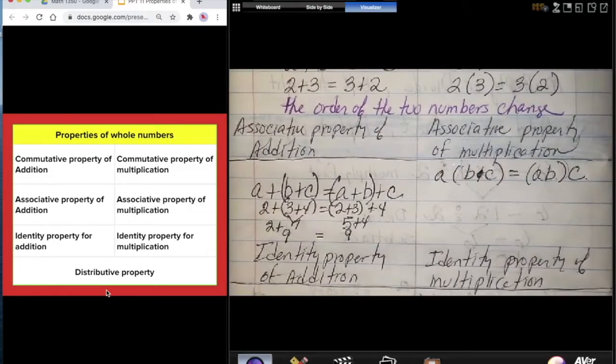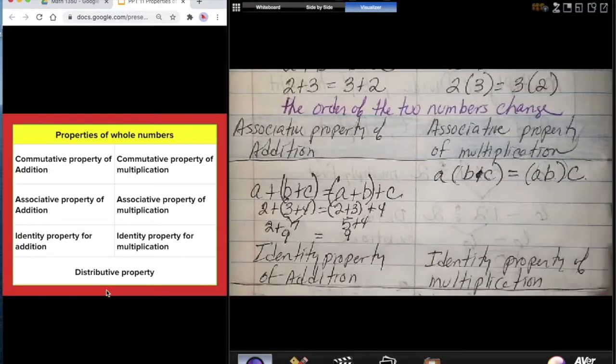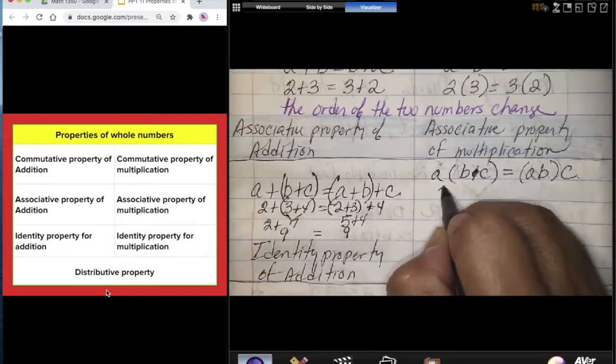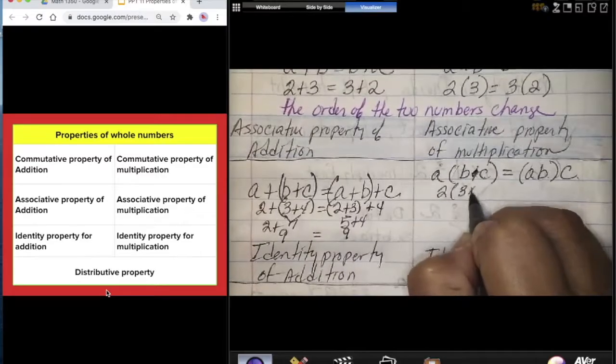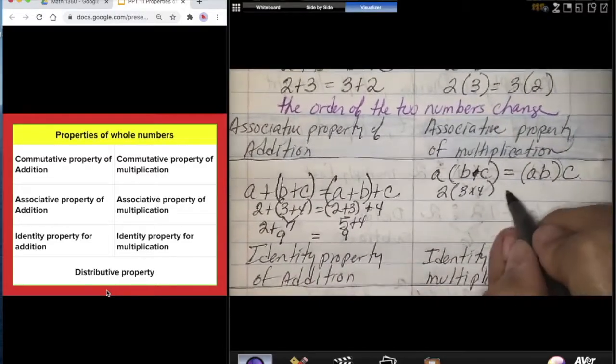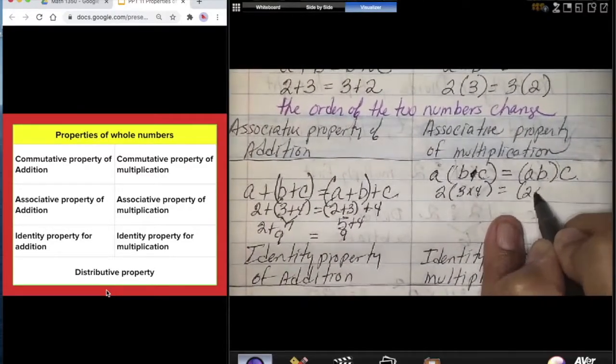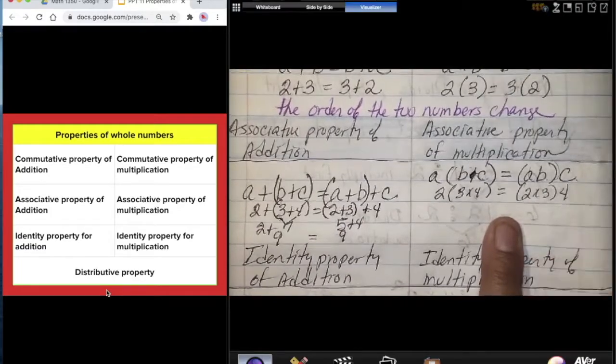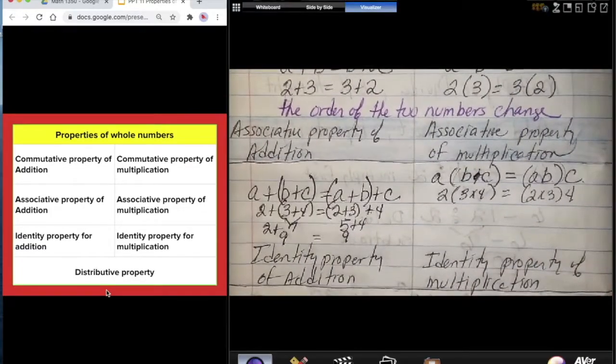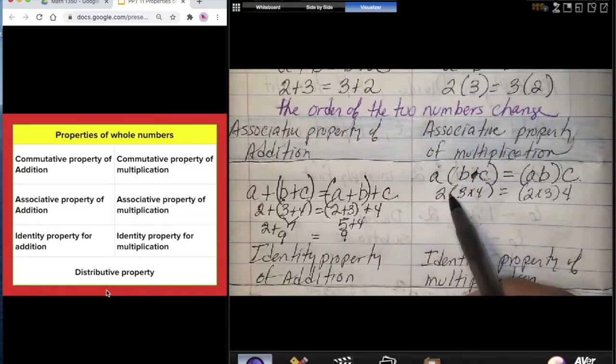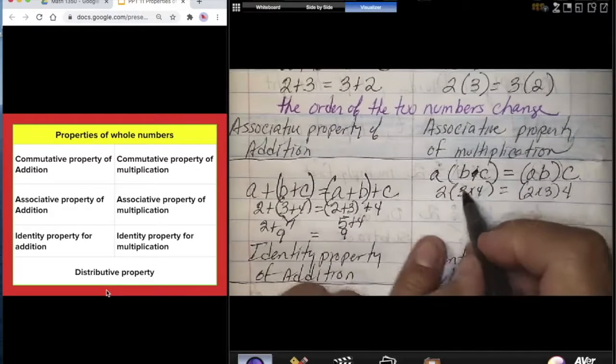Okay. So let's go ahead and multiply 3 numbers. 2 times 3 times 4, or 2 times 3 times 4. Remember that the parenthesis means to multiply. Okay.